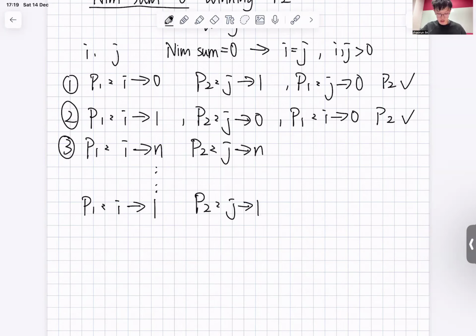And you can see that we will have a situation where player 1 can reduce i to 1, and then player 2 reduces j to 1.